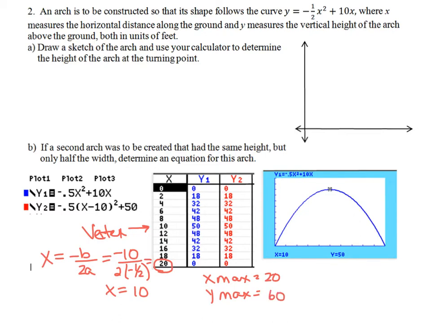And as you can see, on the y-axis, I counted by 5s. On the x-axis, I counted by 2s. And in both cases, I started with mins of 0. So we can see on our graph that I've got that maximum point right there identified at 10, 50.